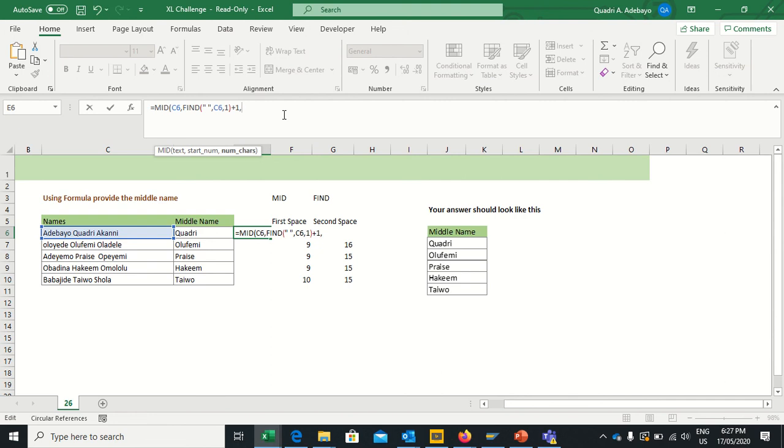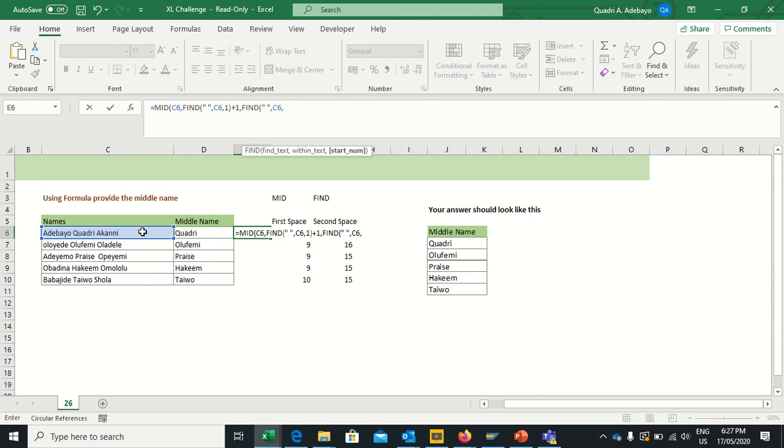Comma, it asks us the number of characters. We are now going to write FIND functions to help us find the position of the second space. Find the second space within this text, comma. It now asks us where we want this to start.